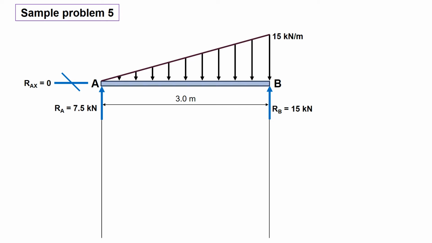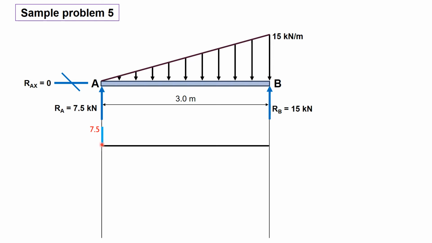So let us now plot the values of the shear and moment. So we will draw a line parallel to the beam. And when x is 0, so that will be at A. So ito yung na-solve natin na shear value, which is positive 7.5.